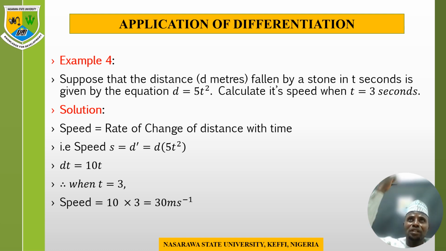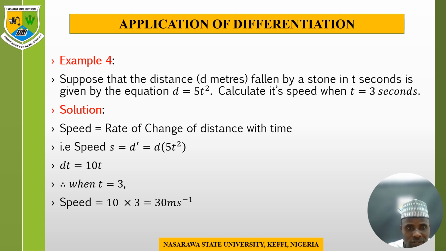That is a stone now falling from a wall from above. So the distance when that particular stone is falling at a time t is defined to be d equals 5t squared, then calculate its speed when t equals 3 seconds.